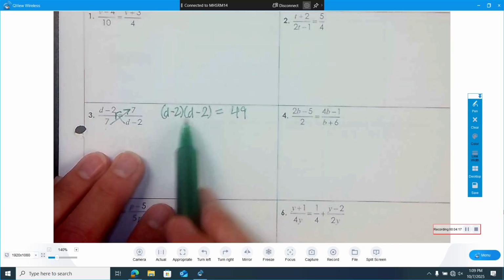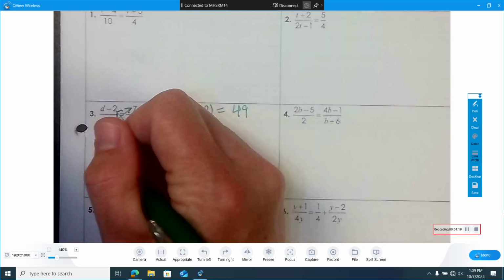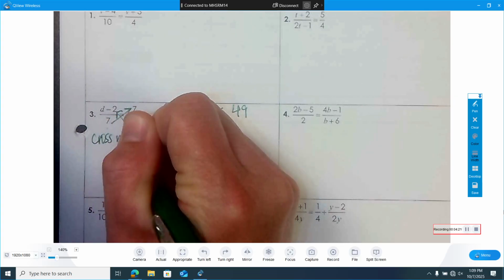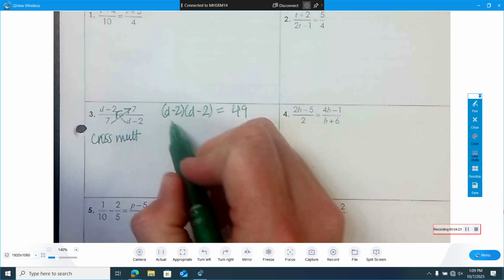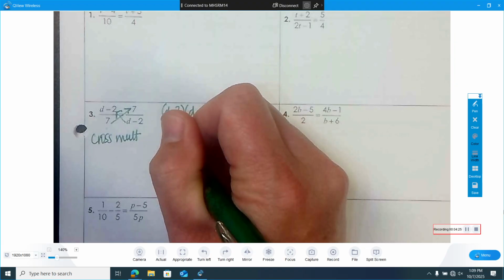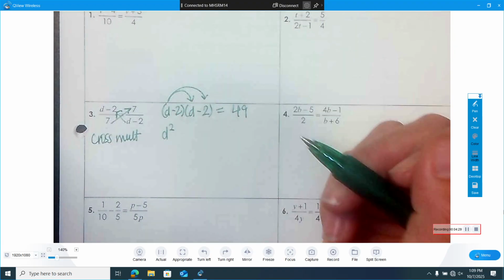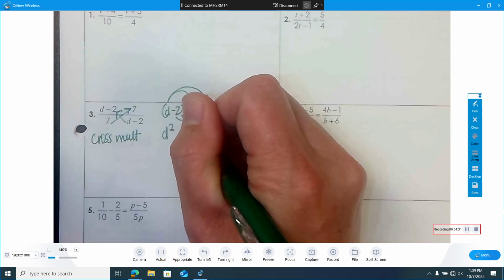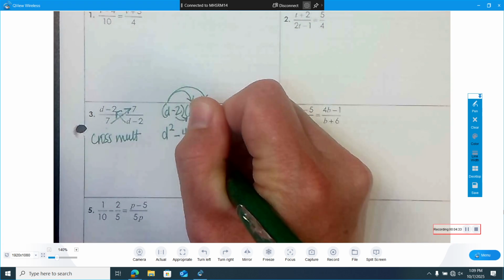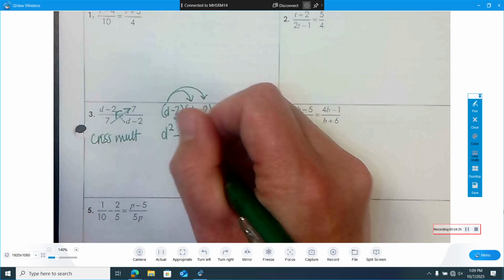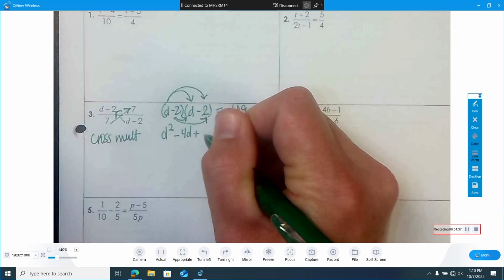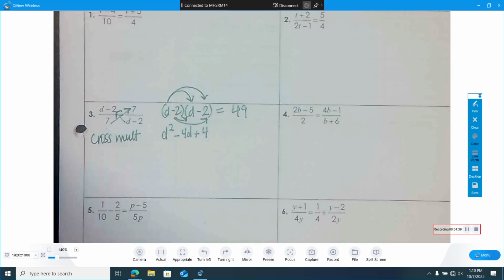What do I have to do with the d minus 2 times d minus 2? FOIL, yeah. All right, so d minus 2 times d minus 2 is going to give me d squared minus 2d, and a minus 2d is a minus 4d, very good. And then plus 4.